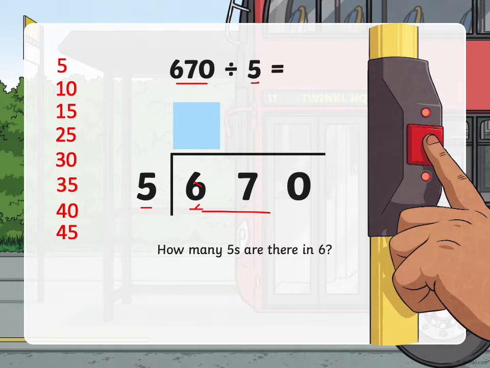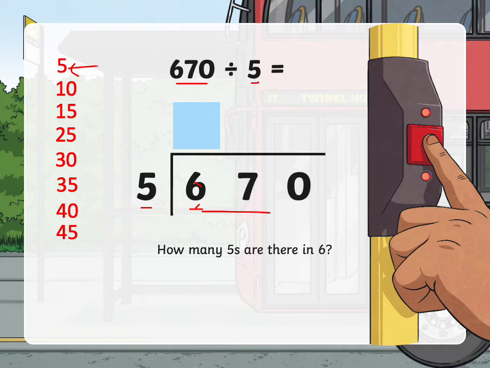Now 6 divided by 5: 6 is not in table 5, so we search for the number closest to 6 that is less than it. In table 5 we have 5.